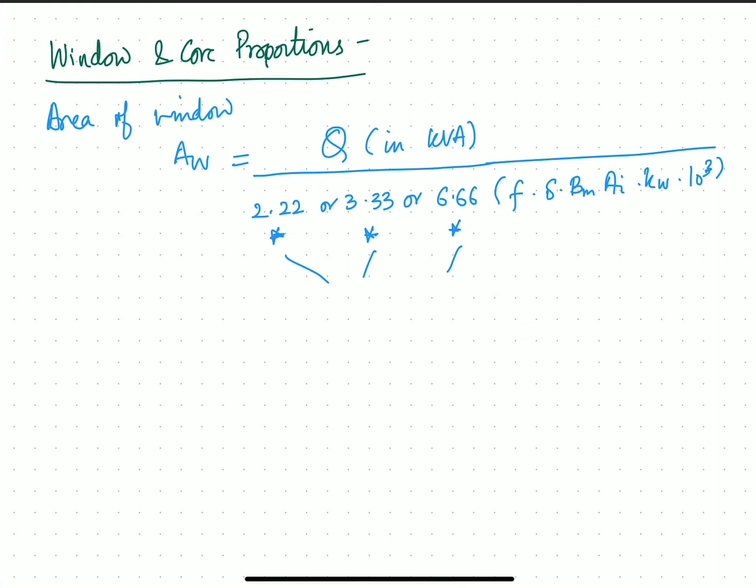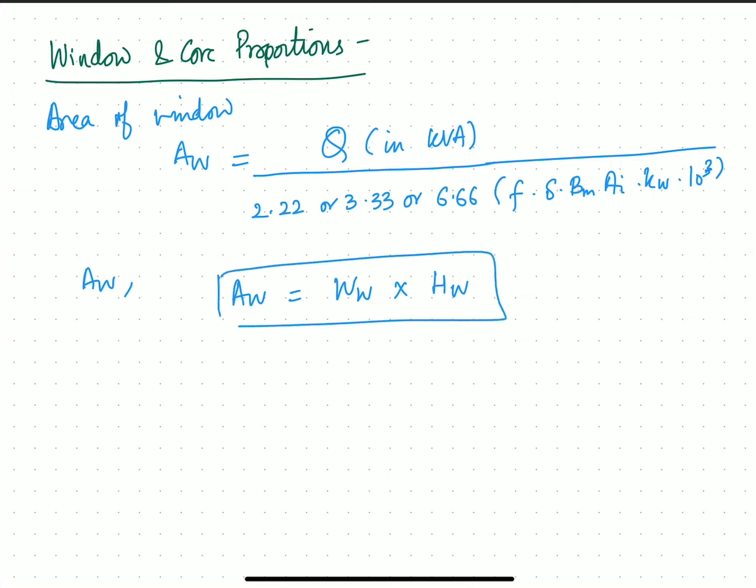You can calculate the area of the window. Fine. So if you have the area of the window known, you can also compute the width Ww and the height of the window from it.